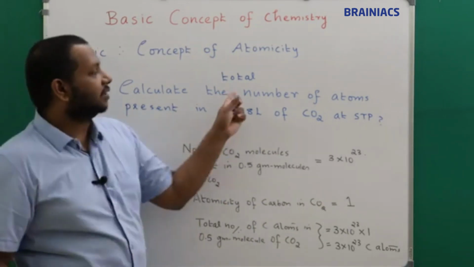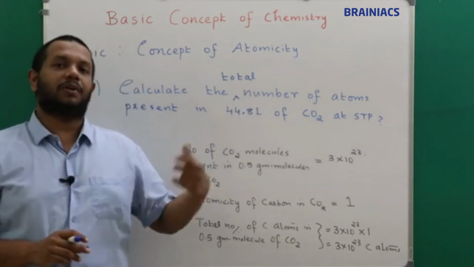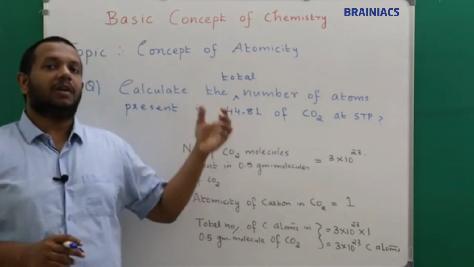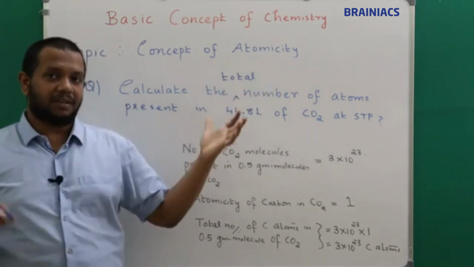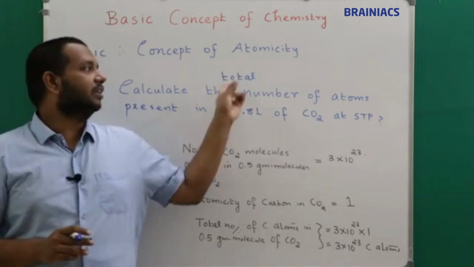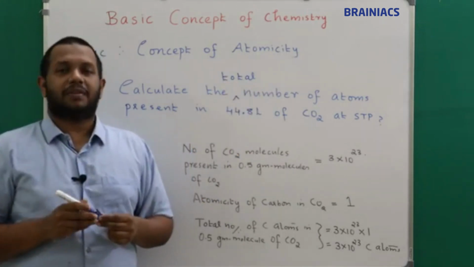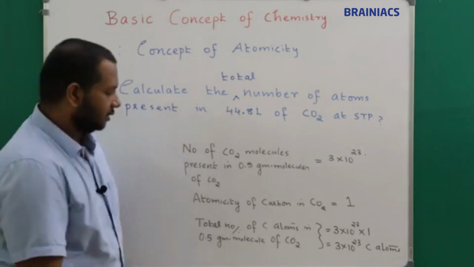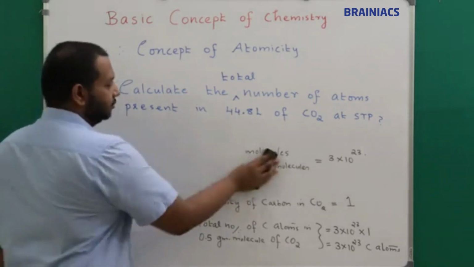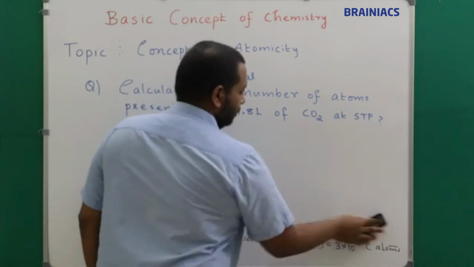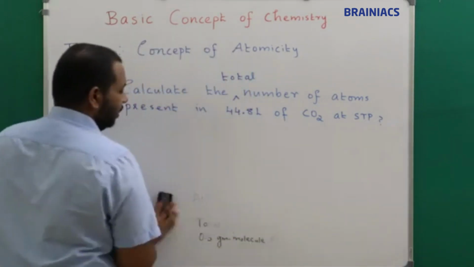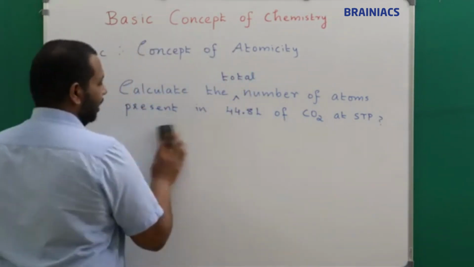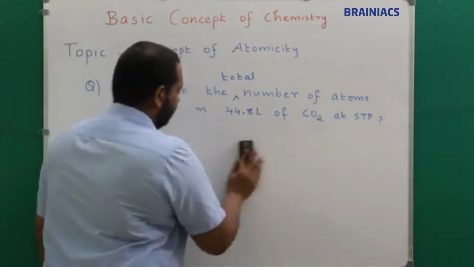So here they are asking you the total number of atoms. So what you need to do, not the atomicity of a particular atom, you need to calculate the atomicity of each atom and add that to get the total number of atoms present in one molecule. Okay, so we will first do that. So this might be the last question present in this category for your understanding.